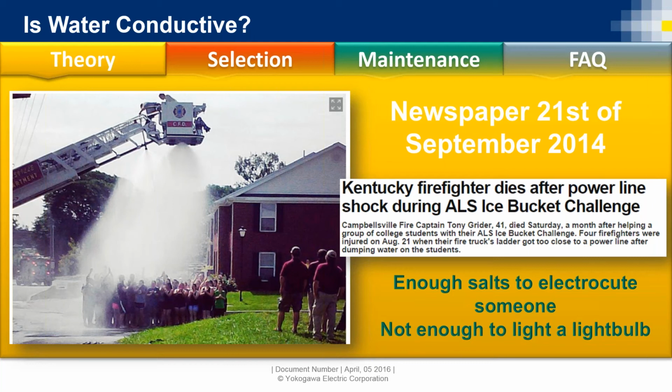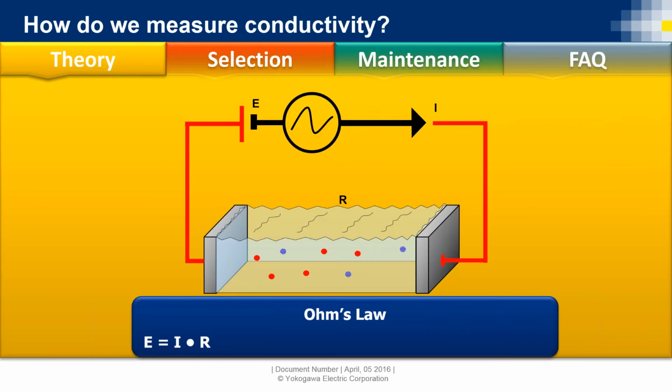Unfortunately, the firefighters in Kentucky did a huge ice bucket challenge, and the water vapor itself made contact with the power cords hanging above them. That current from the power cords traveled through the water vapor, through the water ions, and a firefighter was electrocuted. So we just have to be careful when we have water and electric currents.